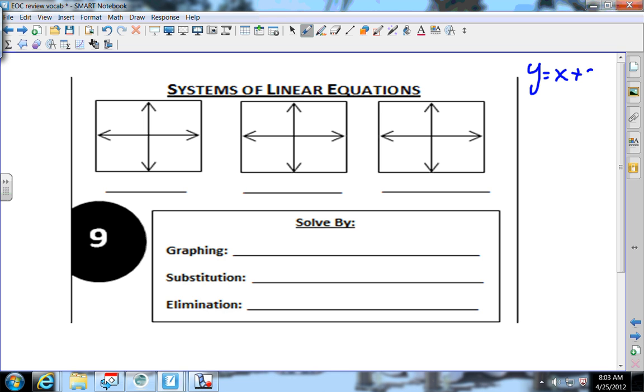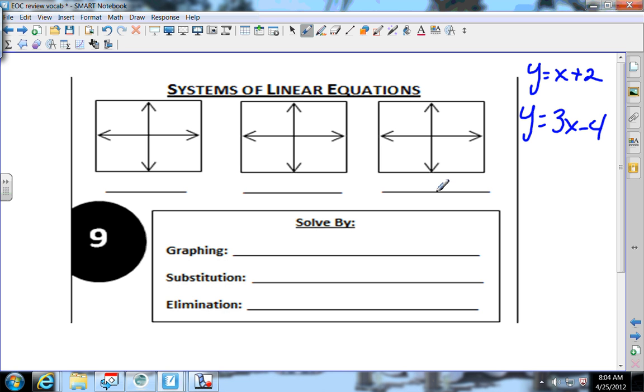So, for example, we would have something like this, and they would ask us to find the solution. There are 3 types of solutions. What are they? The solution to a system of equations is where the lines intersect. You're either going to have one solution, many solutions, or none.